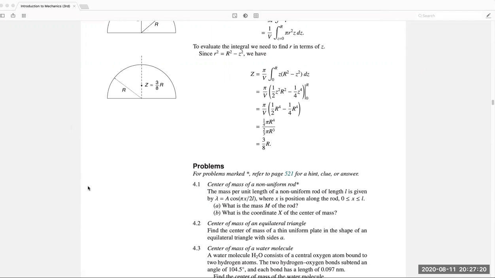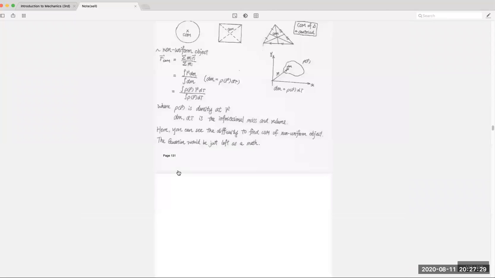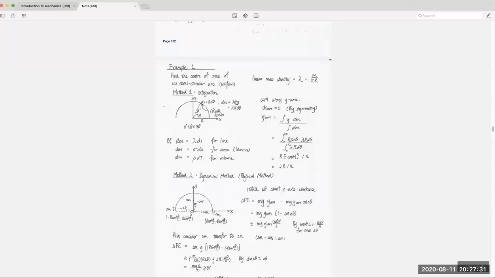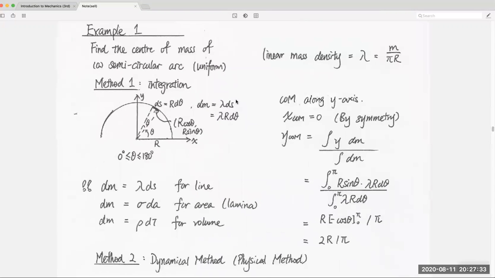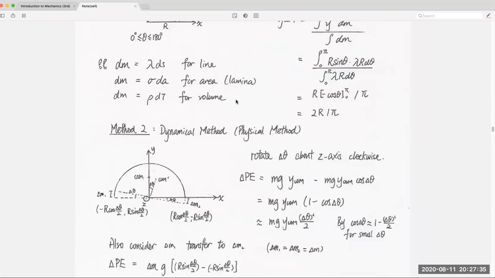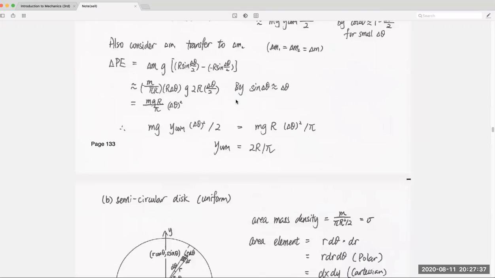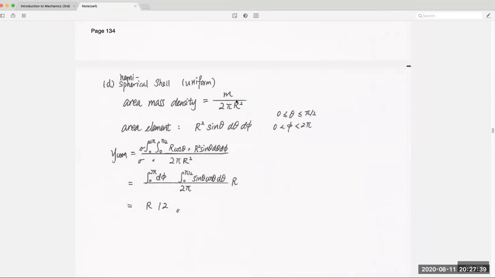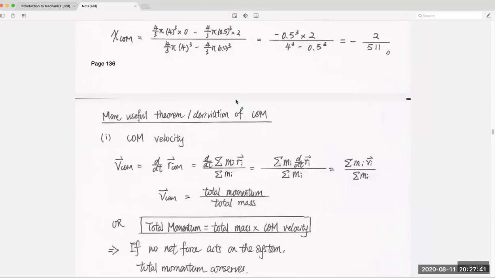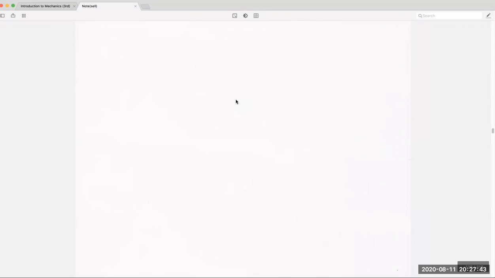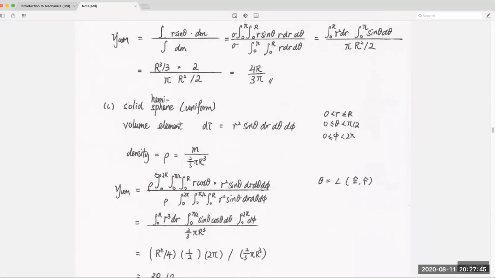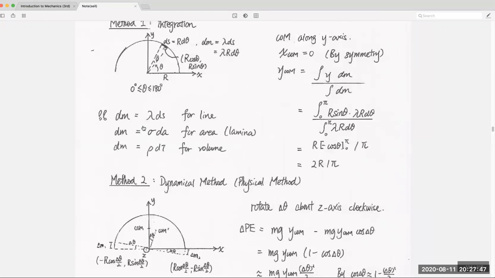Let me show you. Yeah, it's also in here. We'll talk about these cases next time. So try to solve the shell, circular disk, hemisphere.